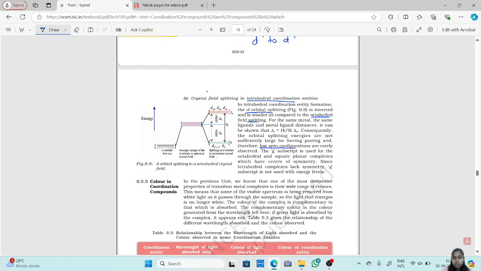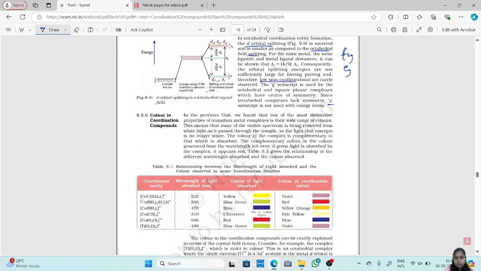Now the g subscript is used for octahedral and square planar complexes which have a center of symmetry. Since the tetrahedral complex lacks a center of symmetry, the g subscript is not used with the energy levels. So t2g and eg are for octahedral and square planar symmetries, whereas tetrahedral doesn't have it, so the g subscript is not used.